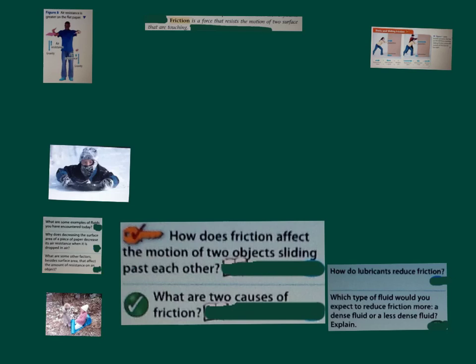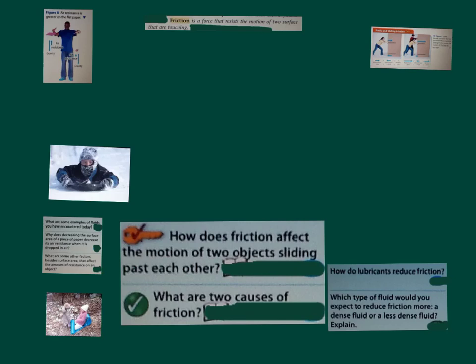So when you rub soapy hands together, the soapy water slightly separates the surfaces of your hands. There is less contact between the microscopic dips and bumps and between the electrical charges of your hands. Soap acts as a lubricant and decreases friction. With less friction, it is easier for surfaces to slide past each other.